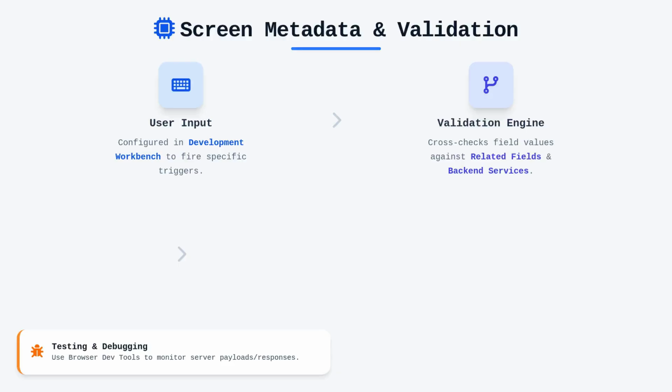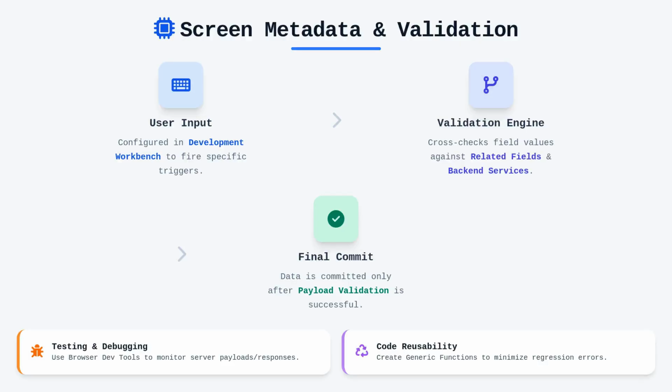When testing these setups, it is common to use the browser developer tools to monitor the payload and the response from the server, as this highlights how the validation succeeds or fails before the data is committed. You should always aim for maximum code reusability by creating generic validation functions that can be attached to multiple similar fields, which keeps the code base maintainable and less prone to regression errors during system updates.